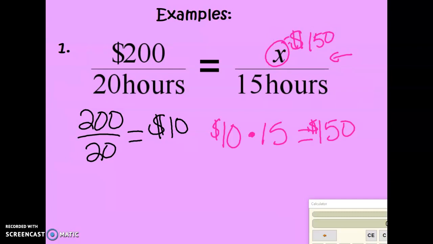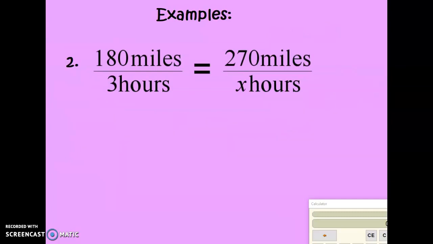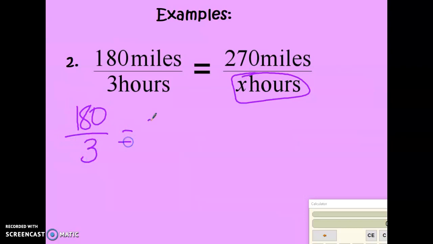Okay, here's our next example. 180 miles in 3 hours is equal to 270 miles, and we're trying to find how many hours we can travel 270 miles. So first thing, 180 divided by 3, that gives us 60 miles per hour. Okay, I told you if we're looking for the denominator, we're going to divide. So I'm going to take 270.